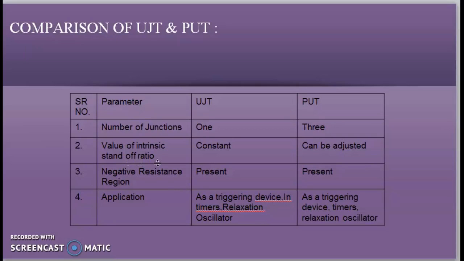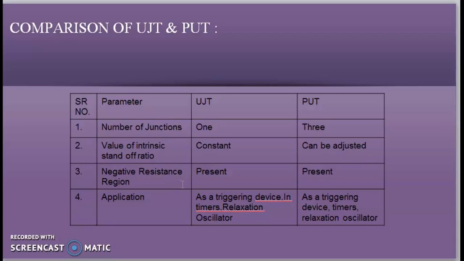Next, the intrinsic standoff ratio is constant in UJT, whereas in the programmable unijunction transistor it can be adjusted, but only by the manufacturer, because the values of resistances R1 and R2 are fixed by the manufacturer or the company.